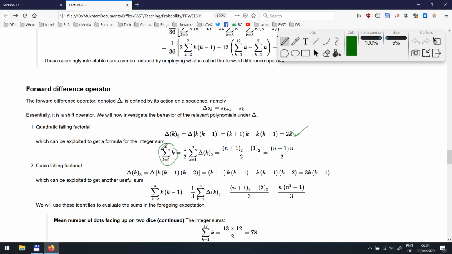So if I multiply this by 2 and divide by 2, I will have that half. That 2 will go inside 2k, and I can express that 2k as a difference operator applied to the quadratic.